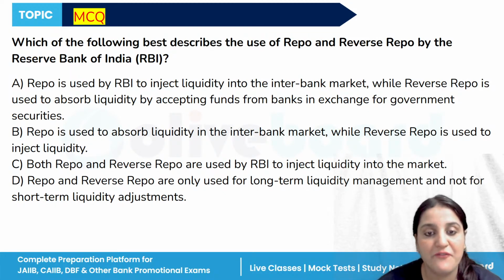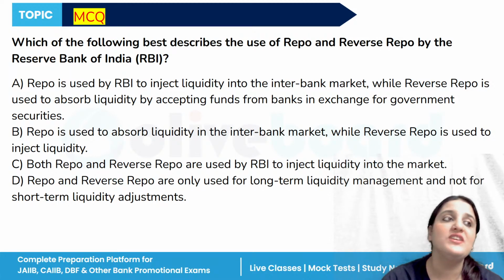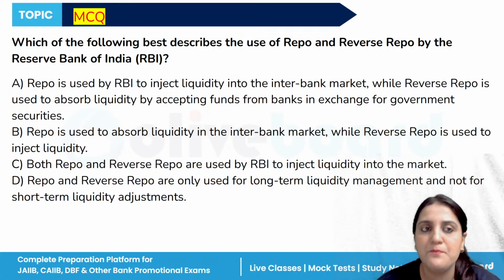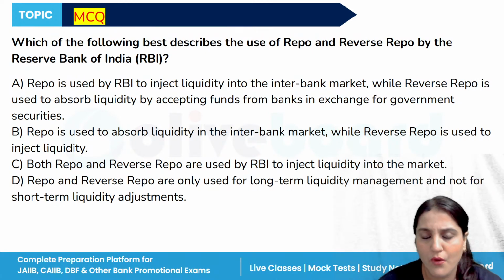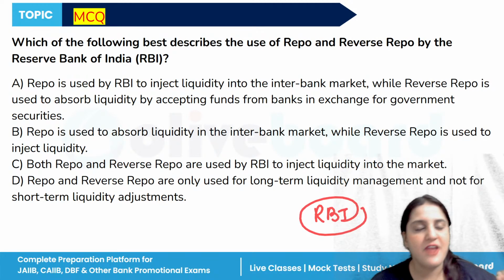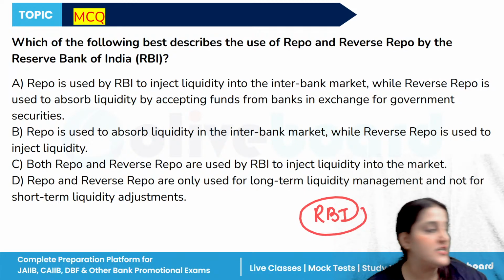And reverse repo refers to purchased securities by the RBI with a commitment to resell the same securities at a later date at a pre-agreed price. So all the repo transactions are governed by the repo directions issued by the RBI, and repo rate affects the liquidity in the system.